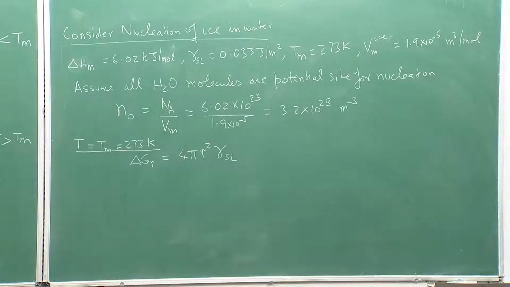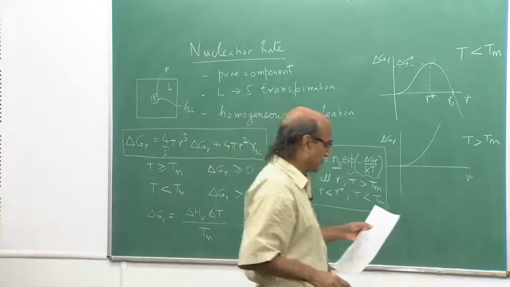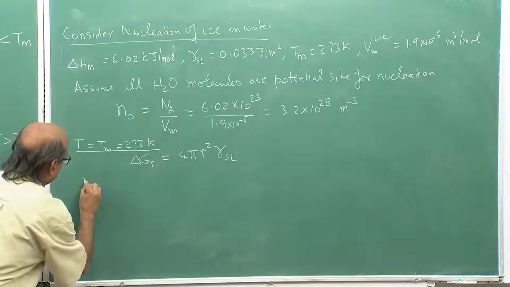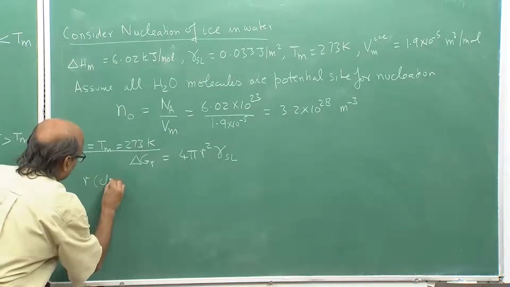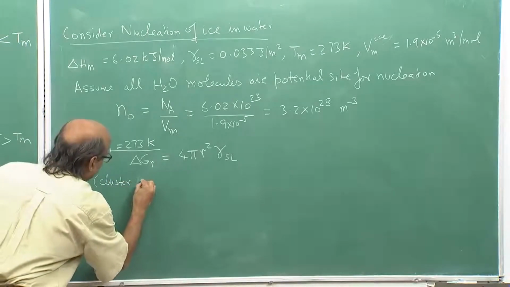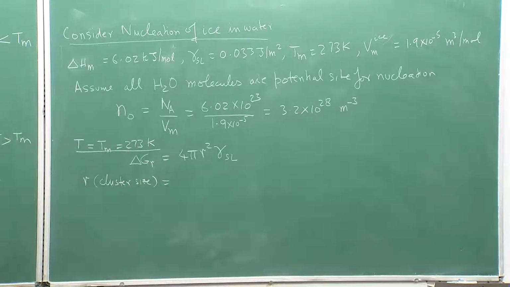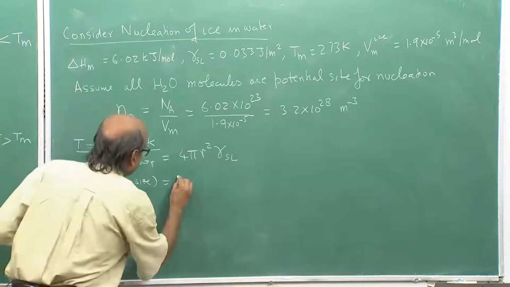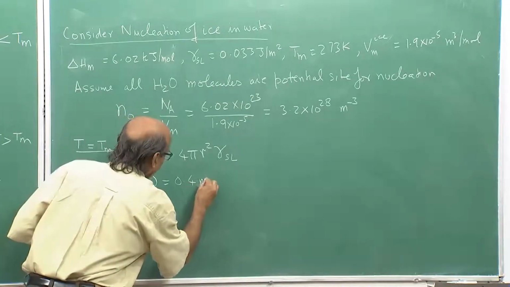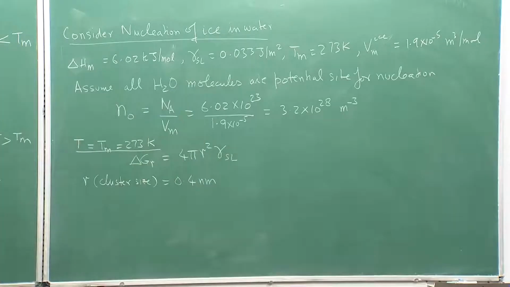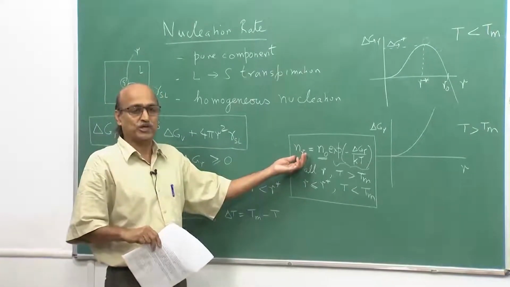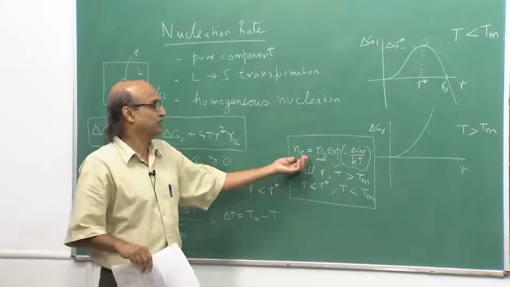So let us consider, for example, a nucleus or a cluster size of 0.4 nanometer. So let us take R, the cluster size of molecules of H2O, to be equal to 0.4 nanometers, and let us see what kind of estimate I will get for the expected number of nuclei to form at any instant in a unit volume.